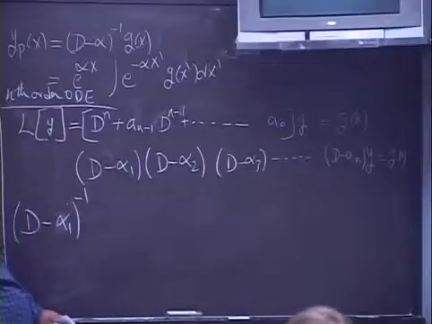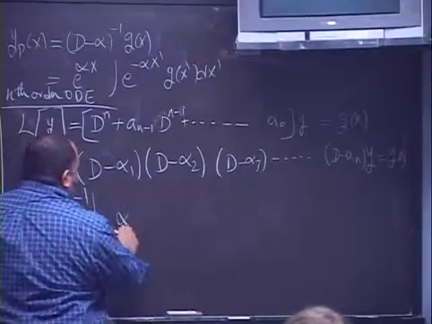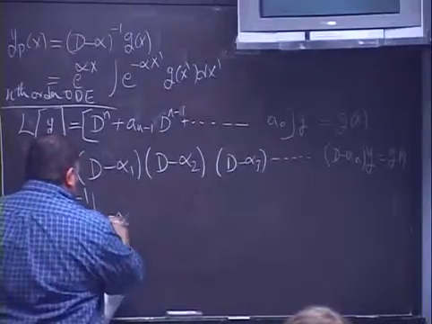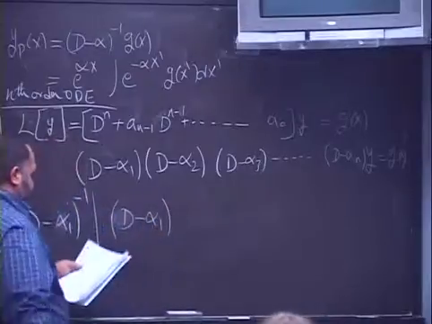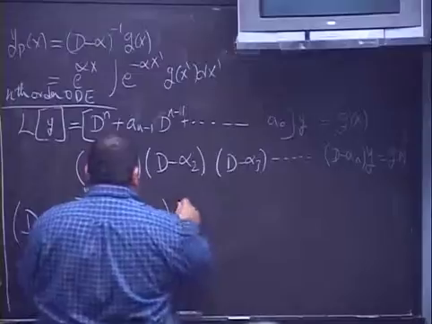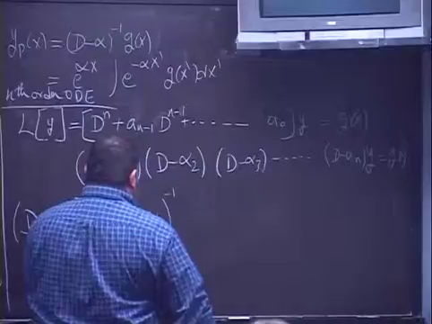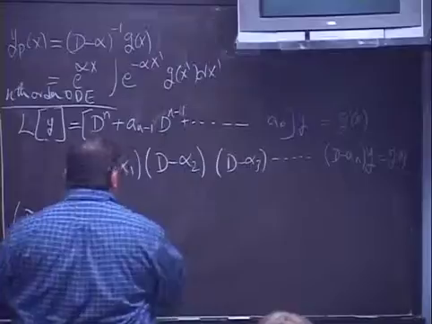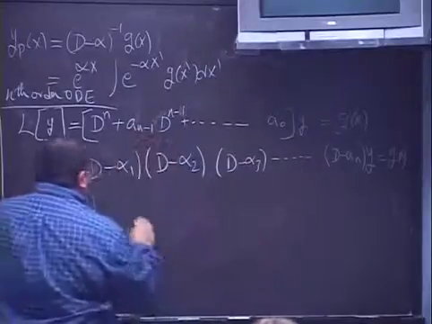You will have (D minus alpha 1) to the power of minus 1 operated over the function g of x. So when you do this, I can write it like this: (D minus alpha 1) to the power of minus 1, then D minus alpha 2 multiplied by D minus alpha 3 up to D minus alpha n.